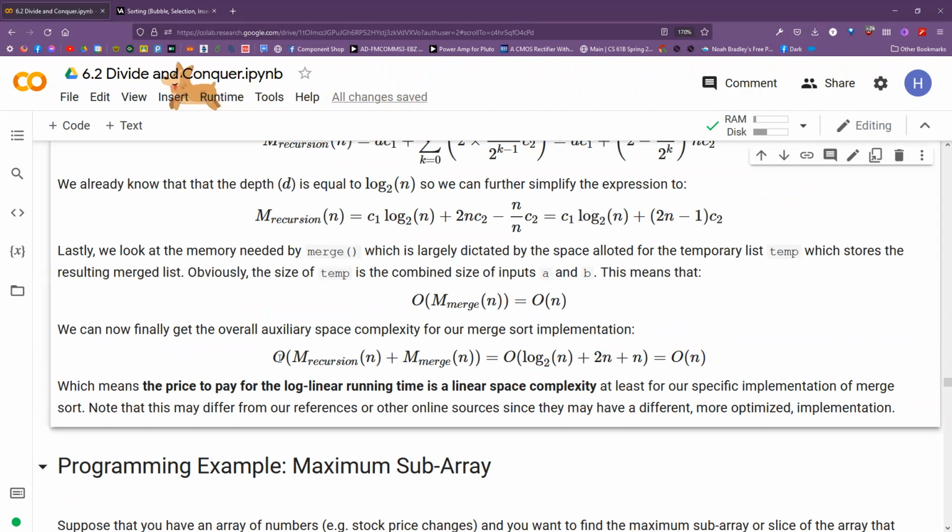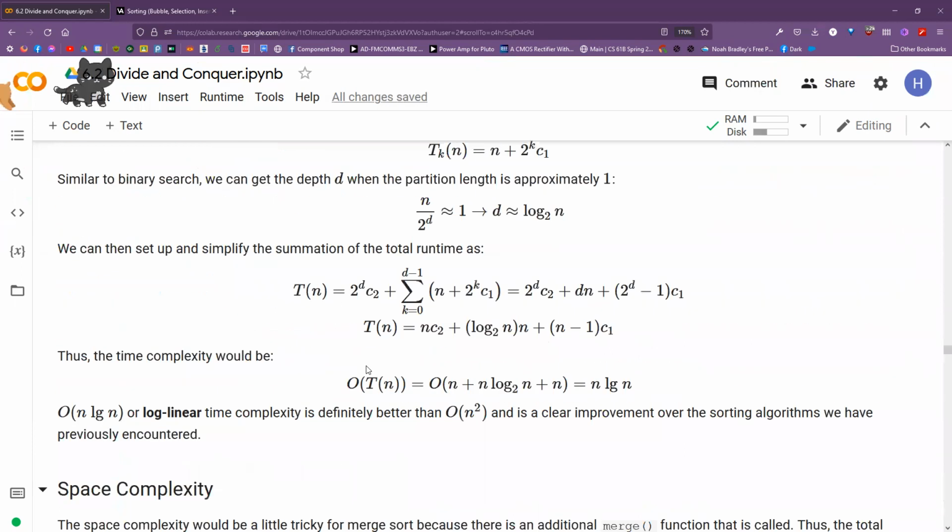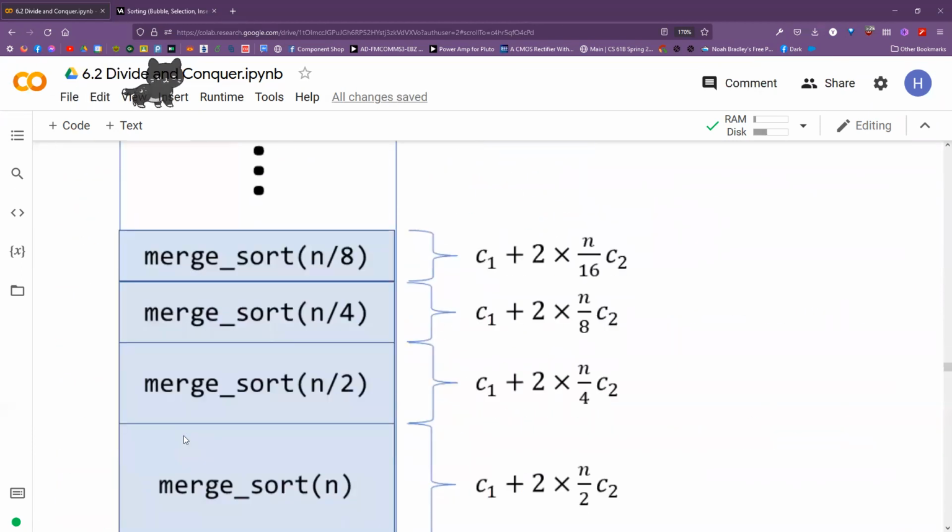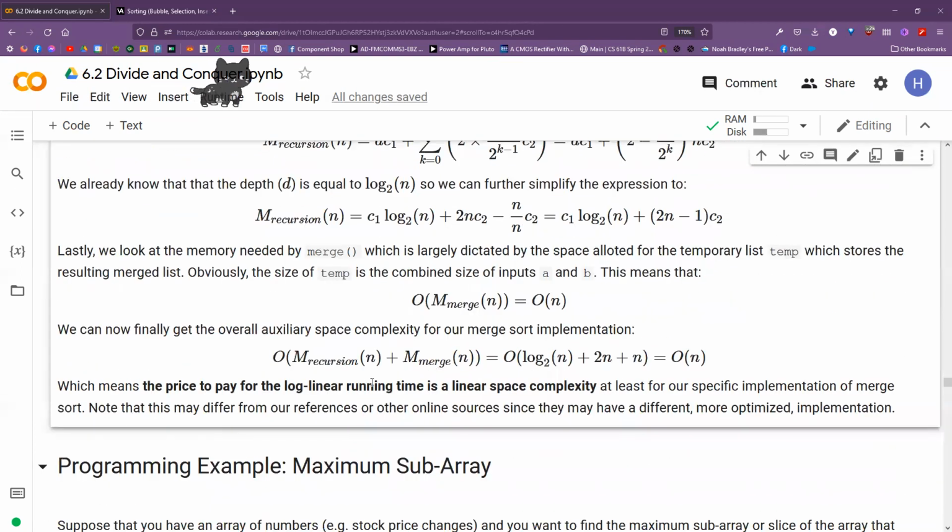So this means na actually yung ating log linear na time complexity, yung faster na time complexity natin, is achieved by using a bit more memory na in this case linear naman siya. Yung sa binary search kanina is logarithmic. But this is actually for our specific implementation of merge sort.